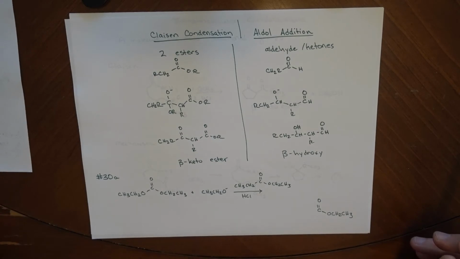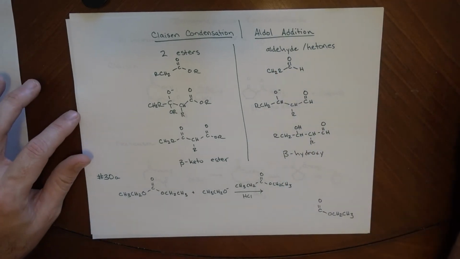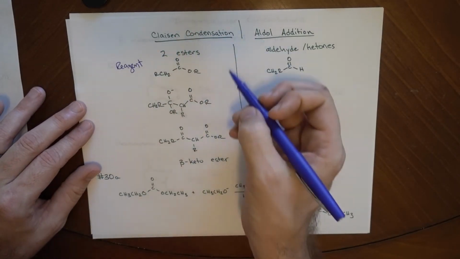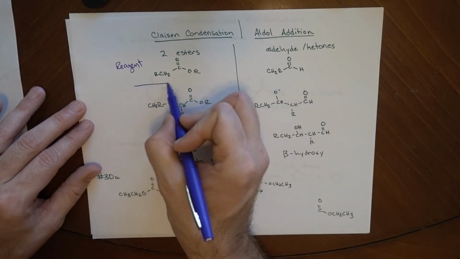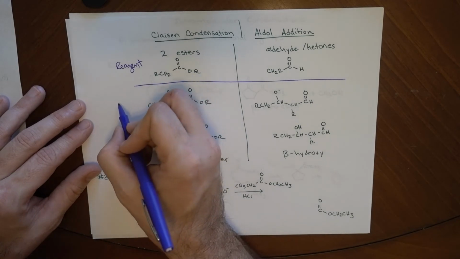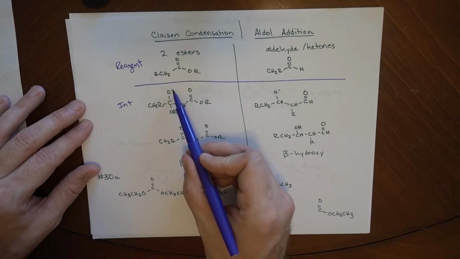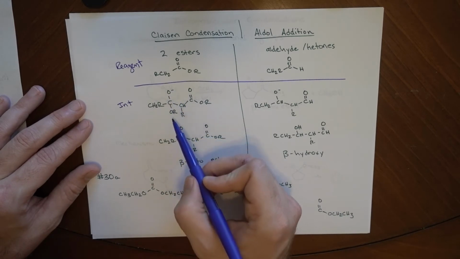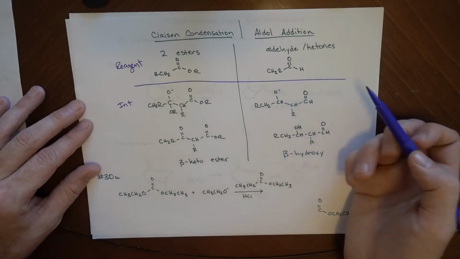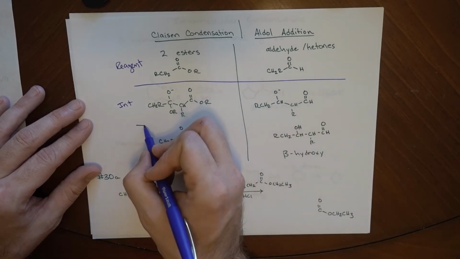Now, if you want to compare it to the Claisen condensation and the Aldol addition, in terms of the reagents, which is what we're looking at here. Here we've got two esters, or we have aldehydes and ketones, so they're pretty similar there. In terms of the intermediate that's formed, here we have a tetrahedral intermediate where we've got an oxygen with a negative charge and an OR on it, and here we have a carbon with an oxygen with a negative charge here. So the difference is that this has something to kick off, and this does not.